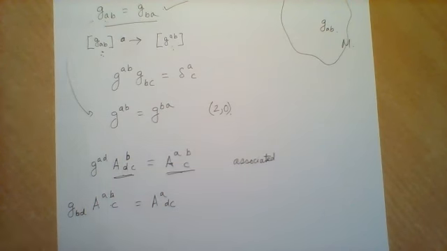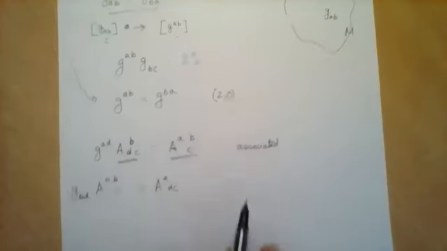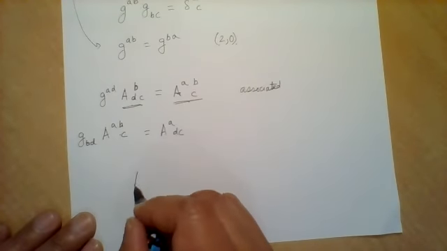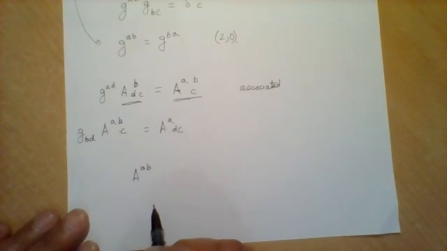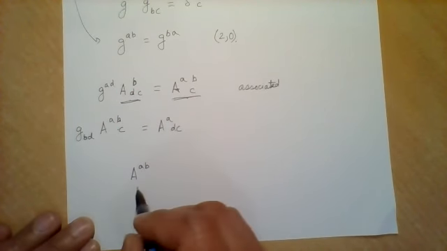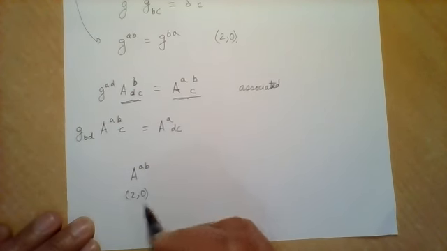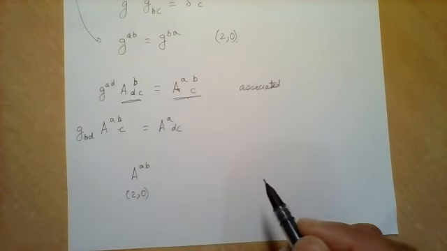Another source of ambiguity is that more than one tensor of the same type may be associated with a given tensor. For example, A^AB is a tensor of type 2,0.